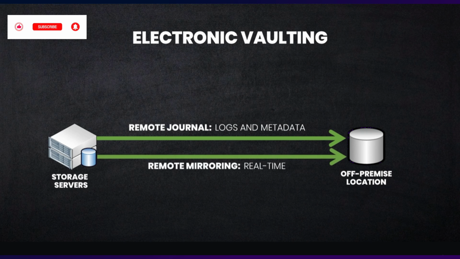And then we can also do what's called remote mirroring, where we are streaming all of those changes in real time to our off-premises location, and that would coincide with the 3-2-1 rule, where we are backing everything up offsite.